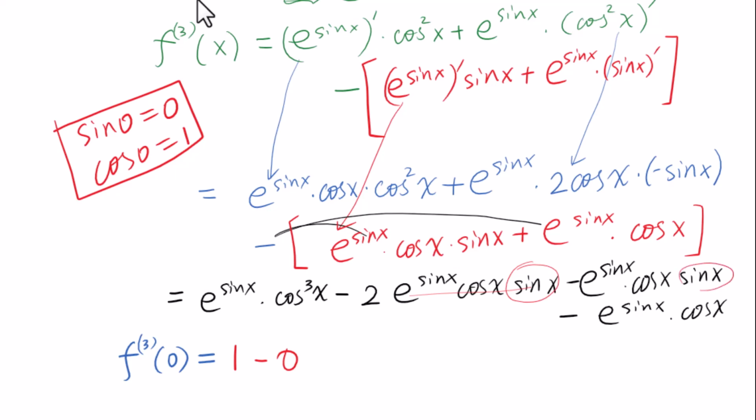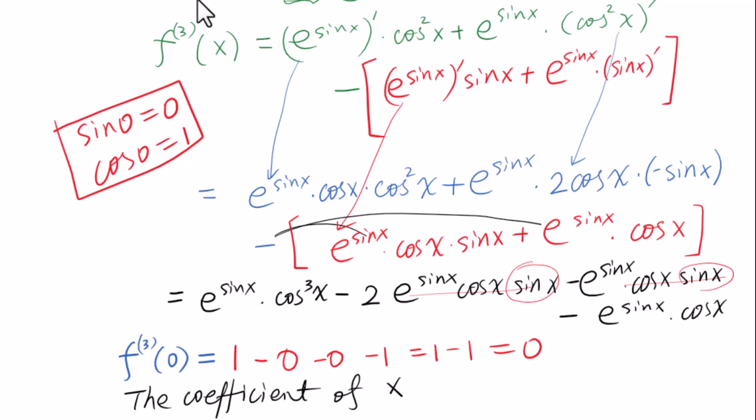Sin 0 here, this is 0. Then minus 1 equals 1 minus 1 equals 0. Therefore, the coefficient of x to the third power in the Maclaurin series is 0.